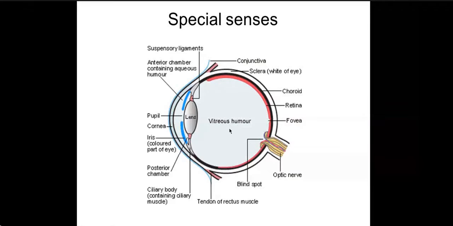Yes, sir. Now here in the retina there is a portion that is yellow in color, that is called lutea. Here cone cells are too many, and here there is a depression that is called fovea centralis.